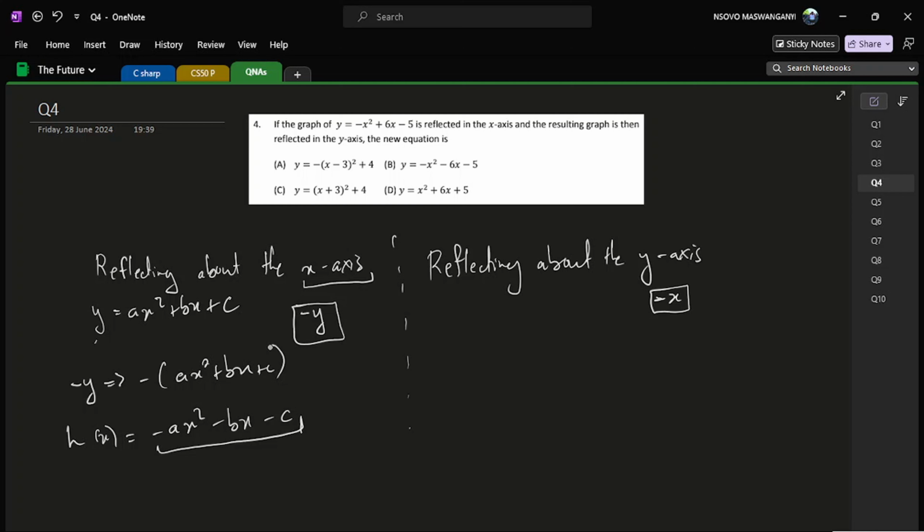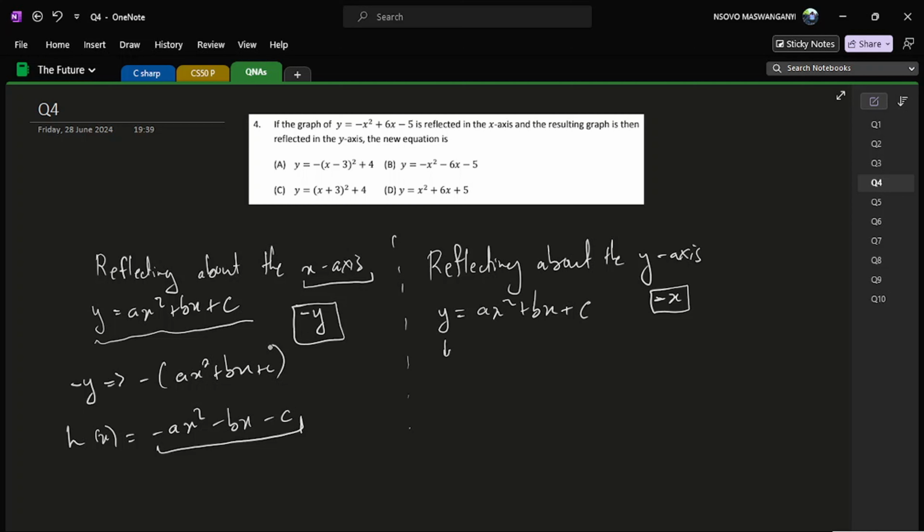If we were to reflect this about the y-axis, we would have to put a negative where x is. In other words, we have y equals ax squared plus bx plus c, and we put a negative where there is x.